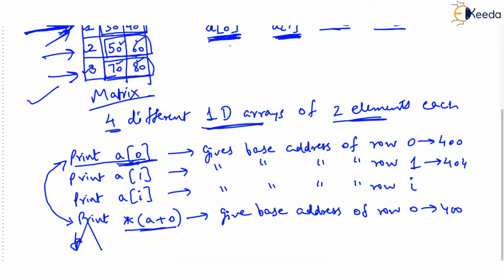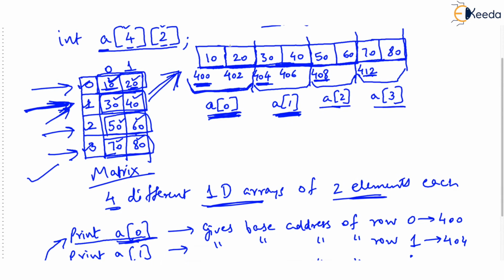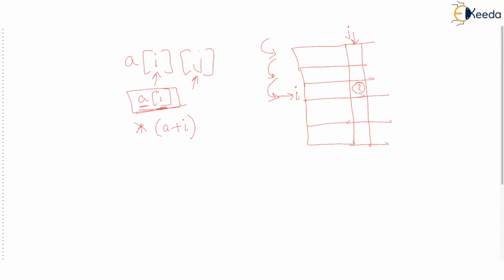Check the diagram that we have seen earlier. Name of the array with a single subscript gives us the base address of that row, isn't it? So this A[i] gives the base address of the ith row. This can be written as *(A+i) because these notations are the same.